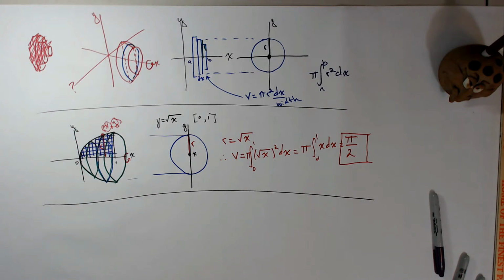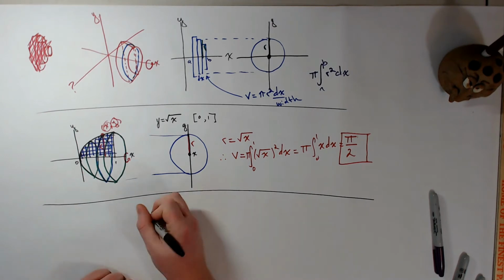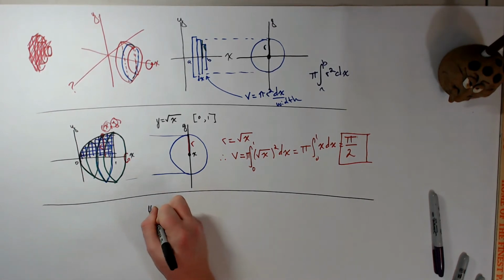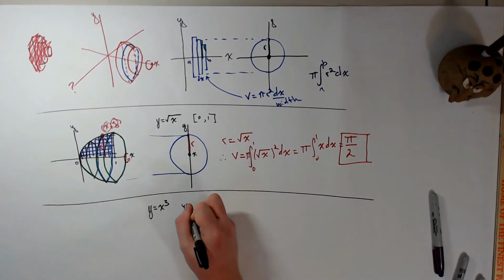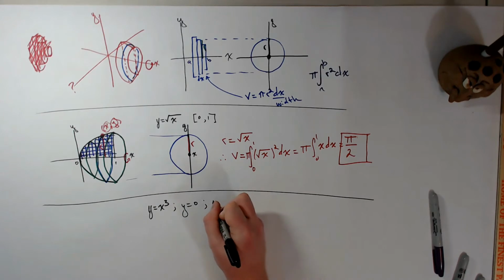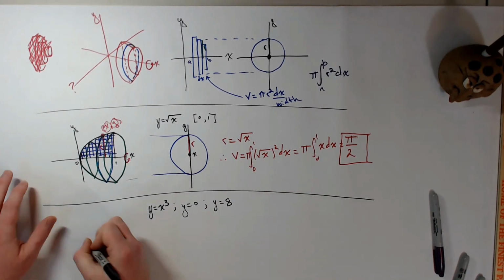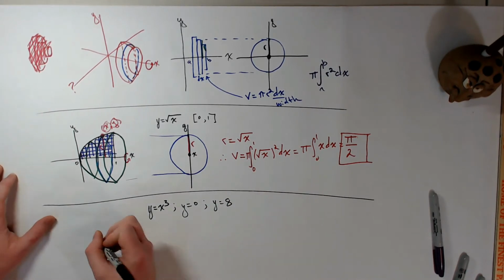So now let's take a look at something a little bit different. A new function, y equals x cubed, bounded by y equals 0 and y equals 8. So we'll draw a picture.